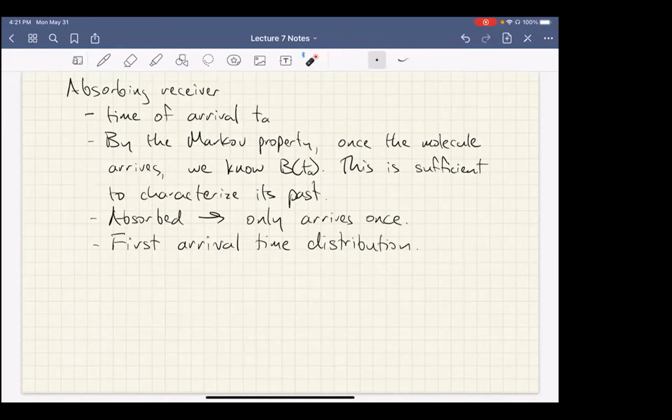So it's the first arrival time distribution that's important here. In other words, that's the first time the receiver sees the molecule, and that knowledge contains all the information the receiver needs to know. So define capital T as the first arrival time.